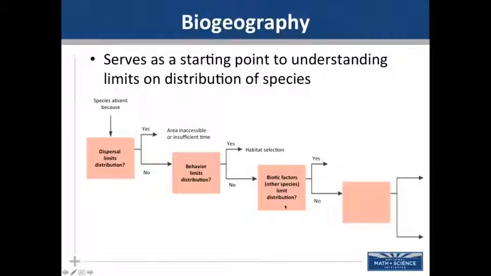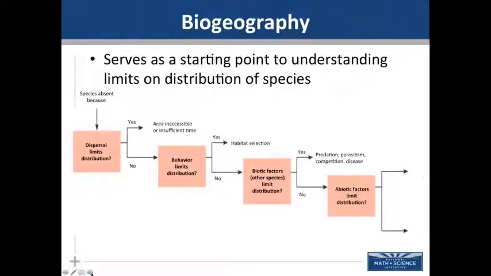Biotic factors such as other species, or perhaps they have a predator, disease. I'm sorry, that's where we really should have talked about species, if you were able to say no to behavioral. And then you look in here at predation and parasitism, competition with other organisms, disease. And if your answer here is no, then we're going to look at abiotic factors and whether they limit distribution.